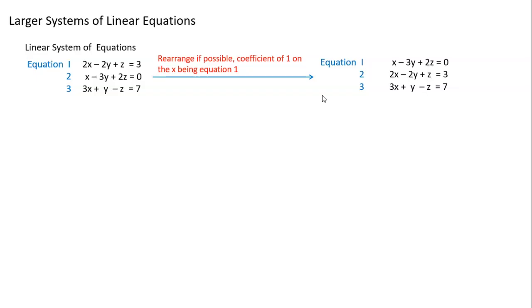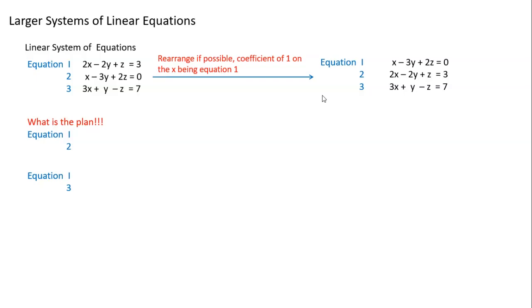Okay. All right. So what's the plan, right? My plan is I'm going to grab equations 1 and 2, and I'm going to eliminate one of the variables. Then I'm going to take equations 1 and 3, and I'm going to eliminate the same variable that I eliminated from equations 1 and 2.